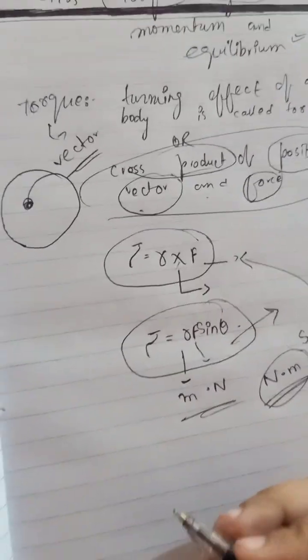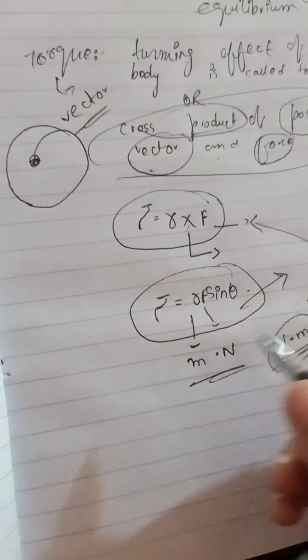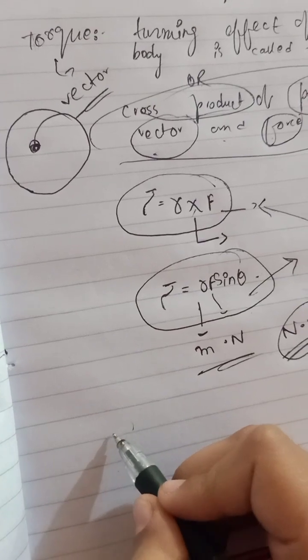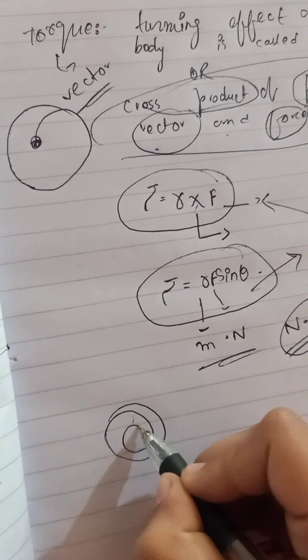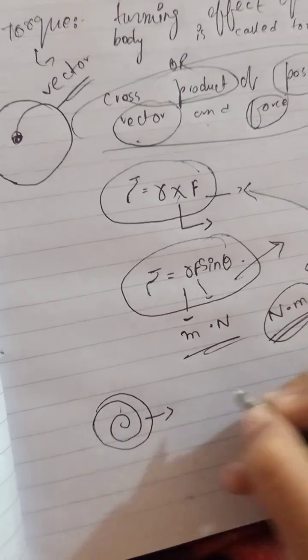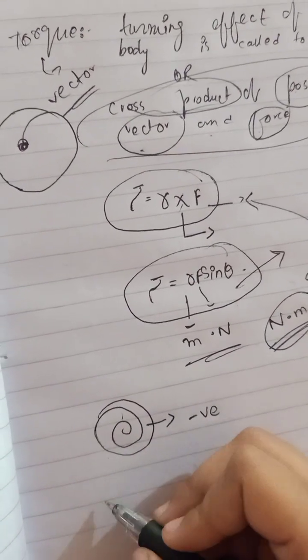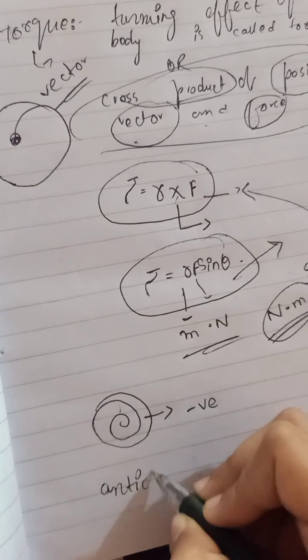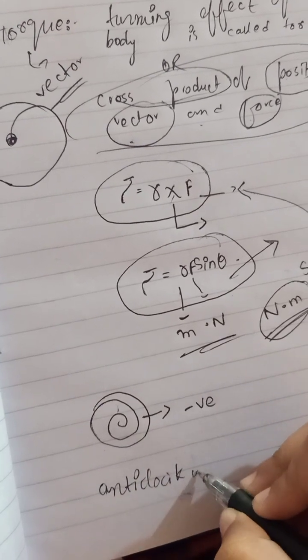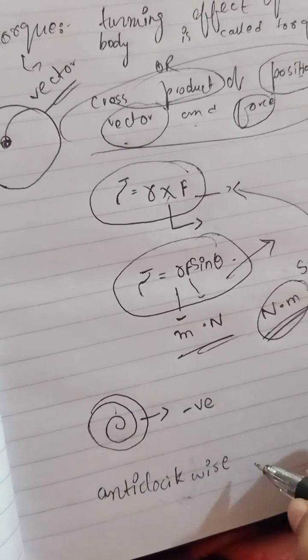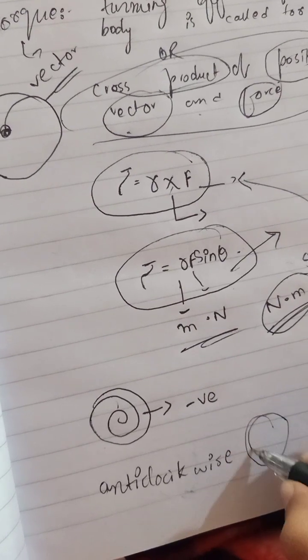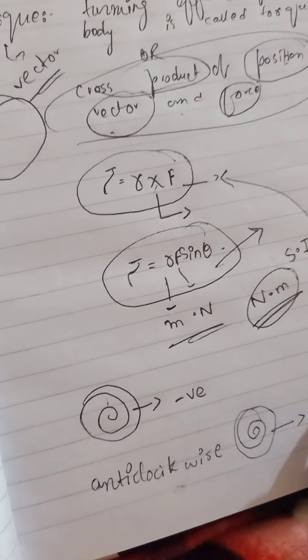Okay, so if there is a rotation which is clockwise, it means that the torque is negative. And if the rotation is anti-clockwise, it means the torque is positive.